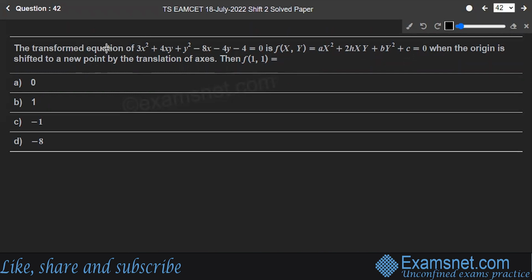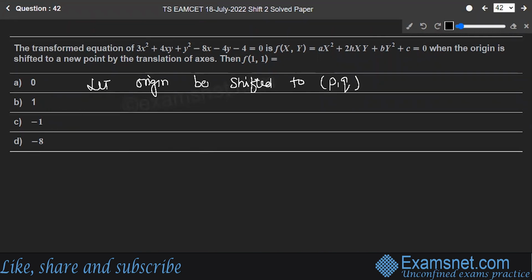Okay. So now basically the center is at origin and it is shifted to some other point. Let the origin be shifted to (p, q).